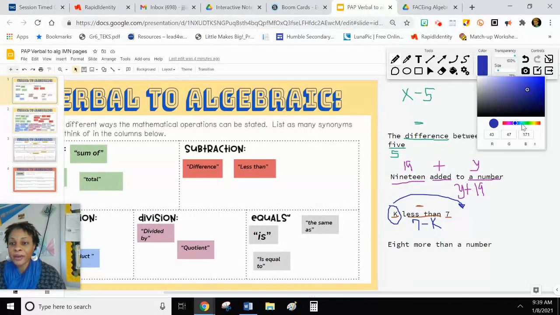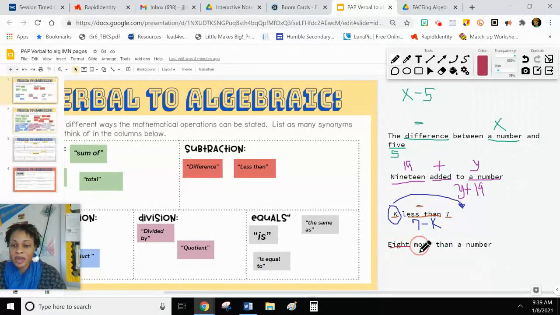Let's look at another one that's similar. It says 8 more than a number. So we have 8, we have more than, and then we have a number. So this time they didn't give us a variable, so we can make our variable, hey, let's make it a J for Miss Jackson, okay?